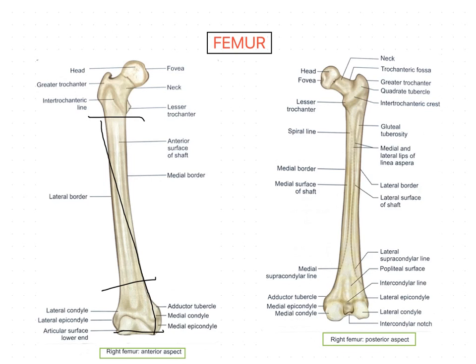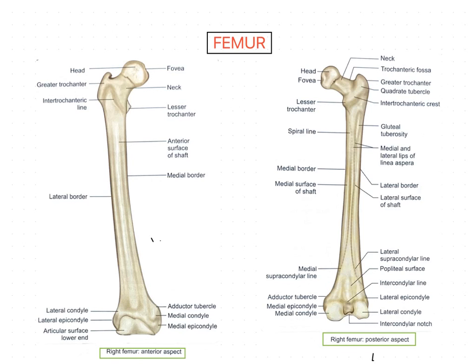This is the anatomical position of the femur. Here this bone is related to the right side, that is, the right femur. We are seeing the anterior aspect of the right femur, and this one is the posterior aspect of the right femur.